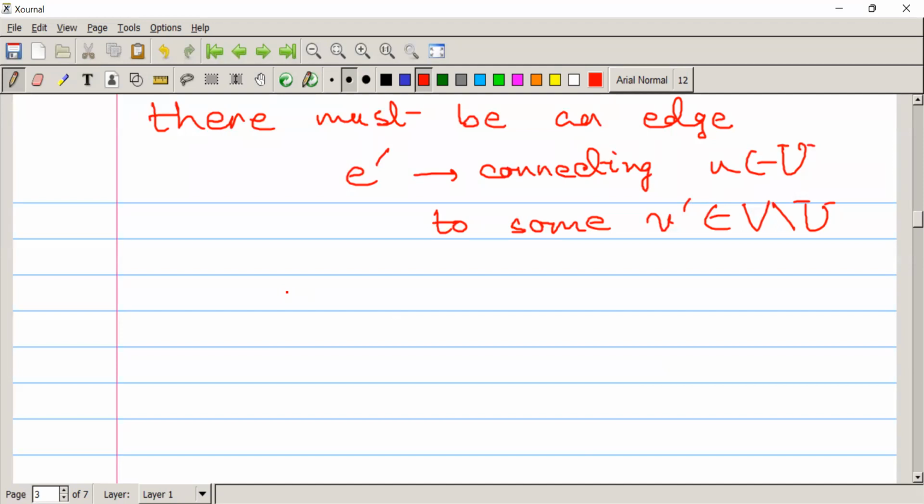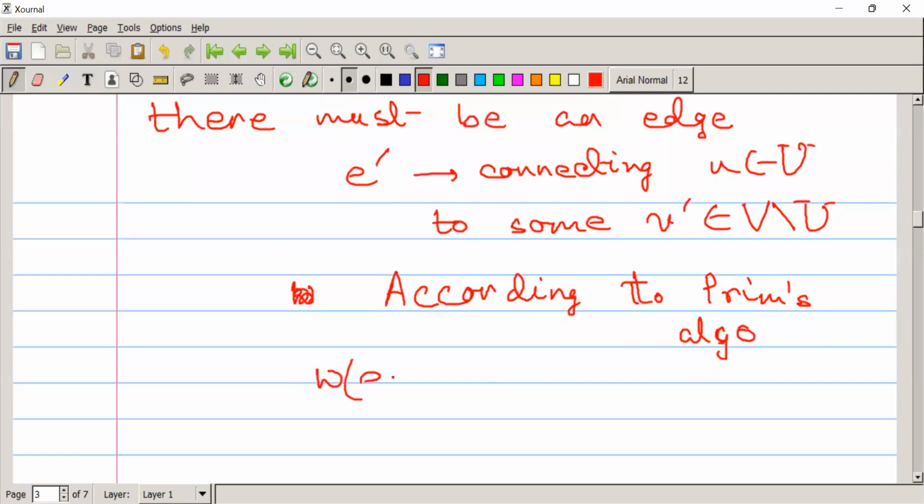So, according to Prim's algorithm, the edge weight of E must be less than the edge weight of E prime for all such E prime, right?